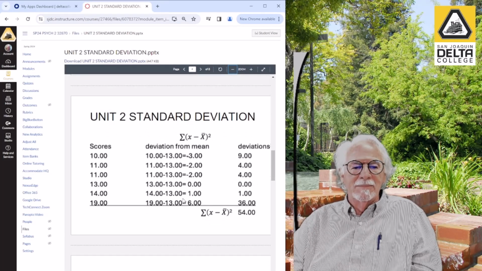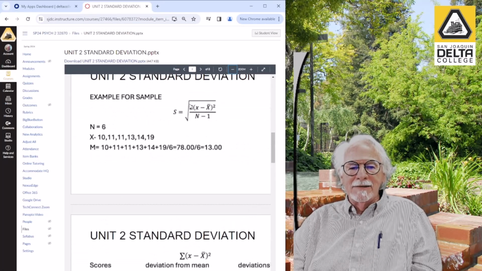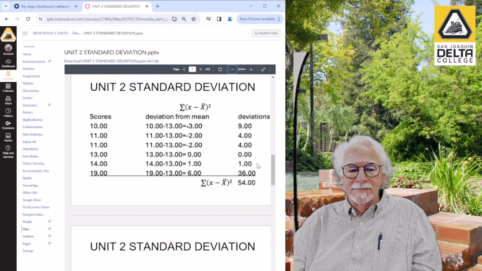Square it, it's still 0. 14 minus 13 is 1. Squared it. 19 minus 13 is 6. And when I square that, I get 36. Then I sum this column to 54. So now this piece right here is equal to 54.